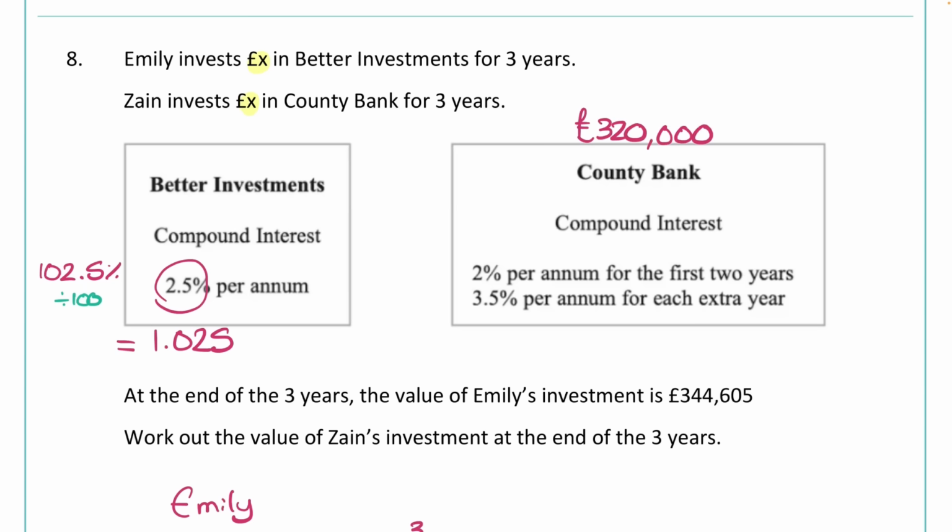So in this bank, you get 2% interest for the first 2 years and then 3.5% per annum for each extra year. So we want to know the multipliers again. So for 2%, we'd use 1.02, and for 3.5%, we'd use 1.035. And again, you can use the method that we spoke about on the left to get those multipliers.